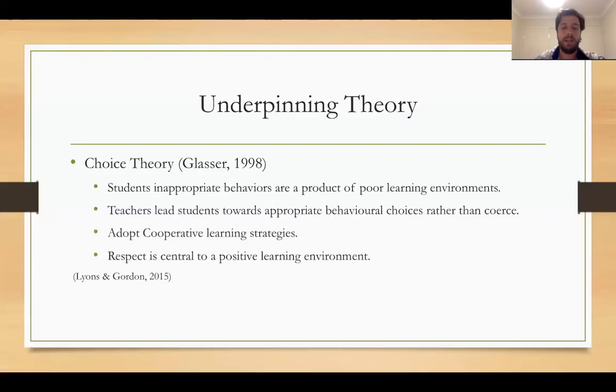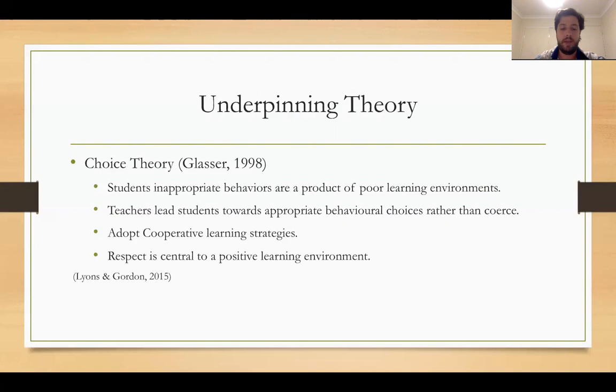So one key classroom management theory that underpins my lesson plan is Glasser's choice theory, which argues that students' disruptive behaviour is a product of poor learning environment, and that positive learning environments are fostered when teachers lead students towards appropriate behavioural choices rather than coercing or forcing them to comply with the rules.